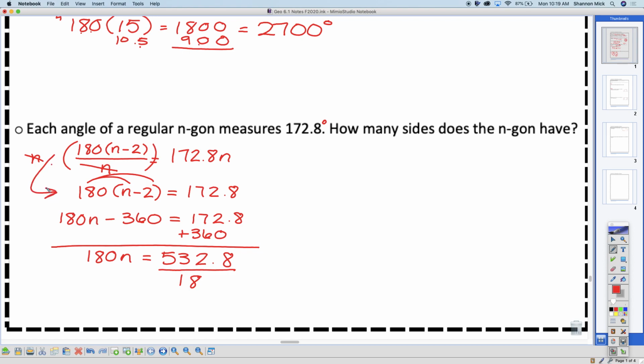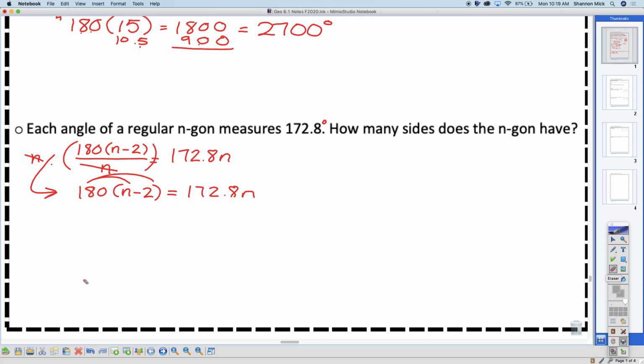You canceled them out. I multiplied it, but what did I do? Oh, we forgot the n. I forgot the n. Does that change how I solve this problem? Yeah, because I wouldn't move the 360, I would move the 180. You have to have the n on it, otherwise you're going to get the wrong answer.